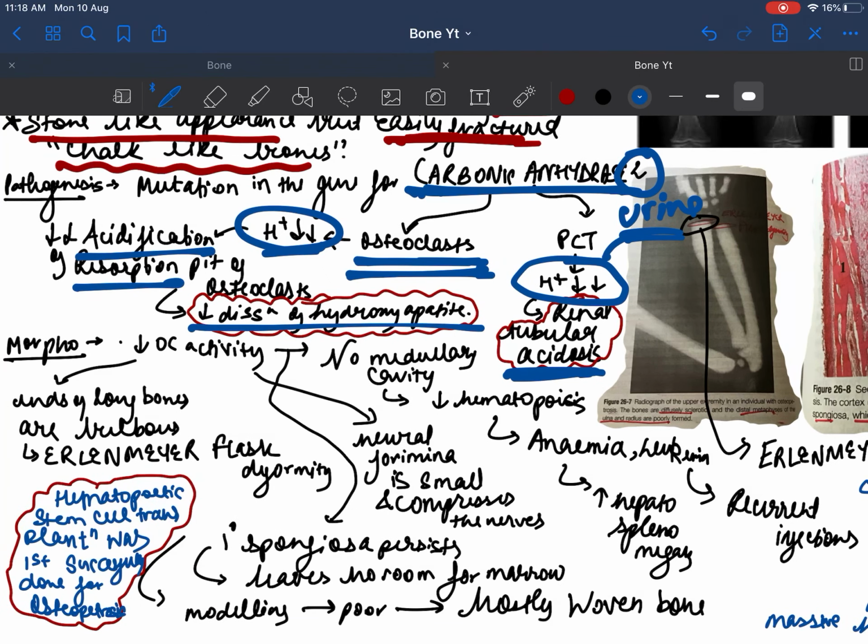So what is the characteristic morphology of this disease? Due to decreased osteoclast activity, as we have earlier discussed in the development of bone, osteoclasts are required for medullary cavity formation. So there will be no medullary cavity formation, and we know that the medullary cavity has hematopoietic stem cells.